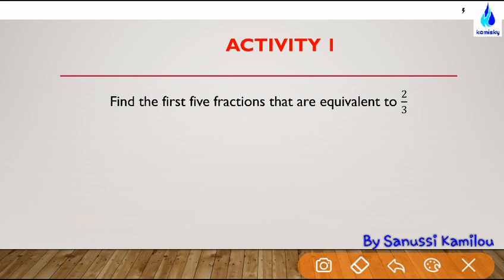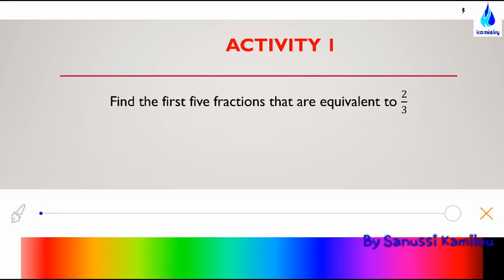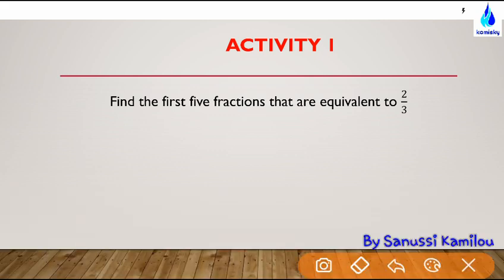So the question here is to find the fractions that are equivalent to 2/3. So we are writing our 2/3. 2/3 will be the same as what?